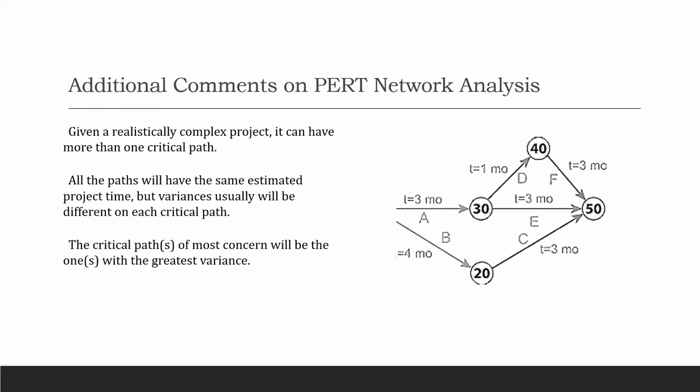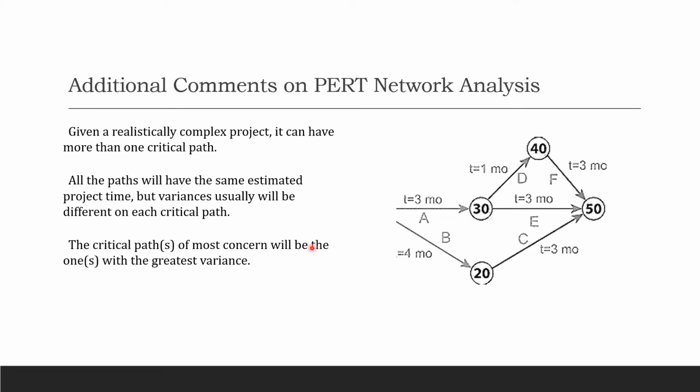So here are additional comments per network and analysis, just like we're looking into the time estimates and all that. Given a realistic complex project, it can have more than one critical path, so you have more than one longest path. You can add your time estimates right here, so you have 4 months, 3 months, and then you can find the longest path.